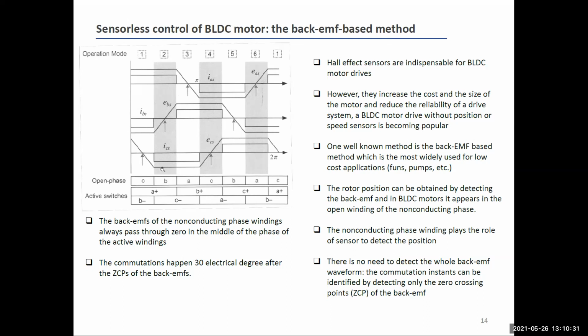So this width here is 60 degrees. This arrow here, this crossing of the back EMF of the left open phase, happens exactly in half of this interval of 60 degrees. So we know that 30 electrical degrees after the back EMF crosses 0, we have to change the operating mode. And this happens always.